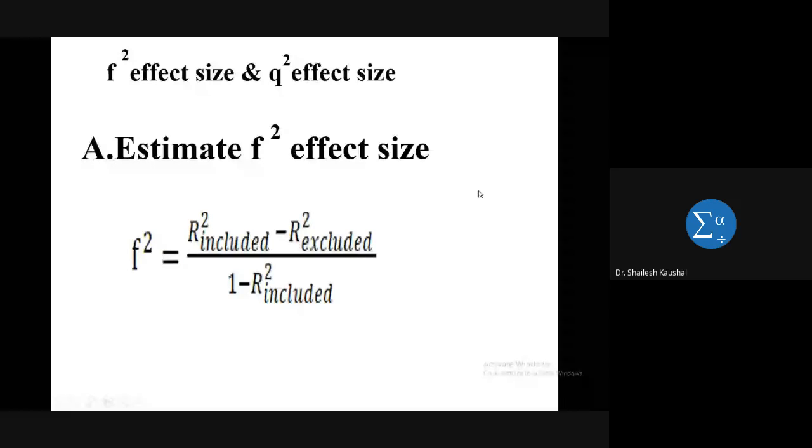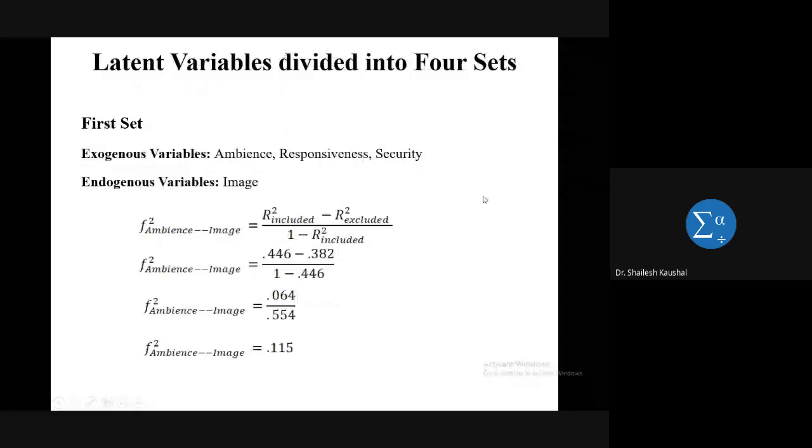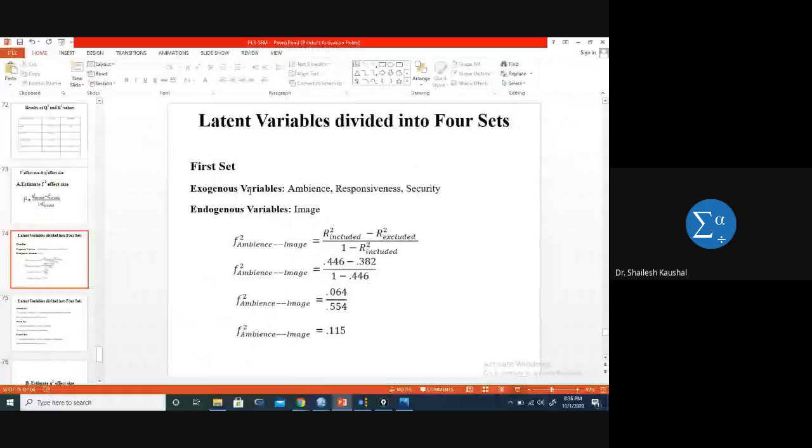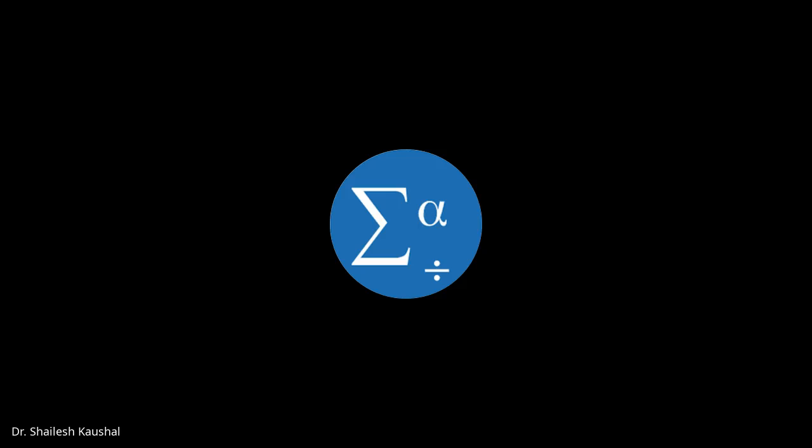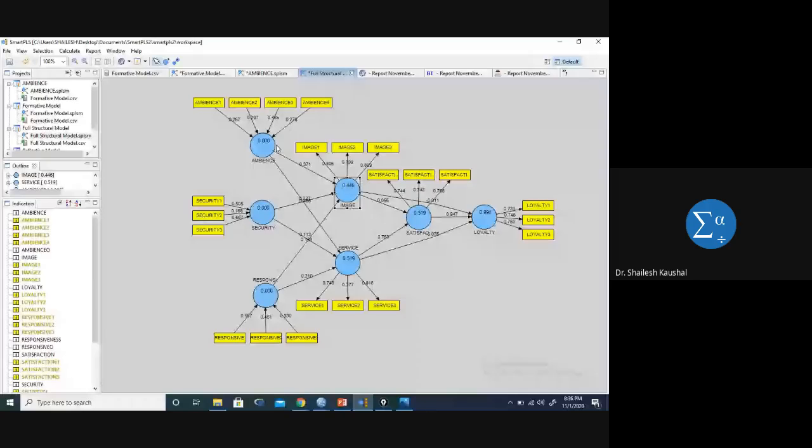So here, for example, in the first set, the exogenous variables are ambience, responsiveness, and security, and image is the dependent variable. So in this diagram, you can see image, ambience, security, and responsiveness. These are the exogenous variables.